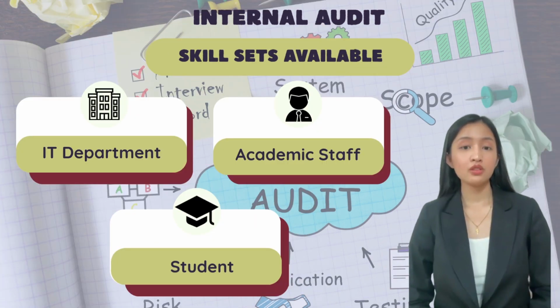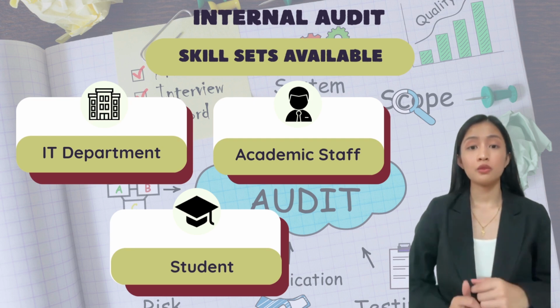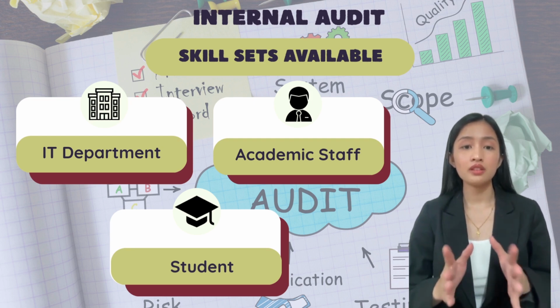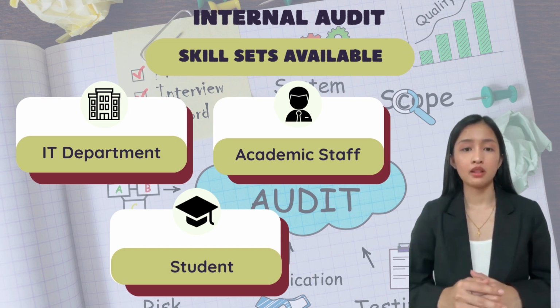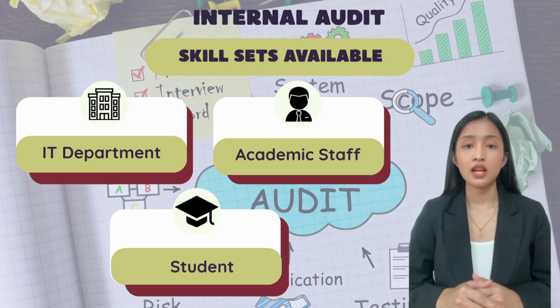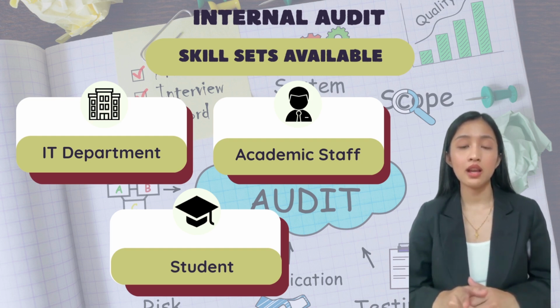Moving to the next part, which is about skill sets available. The successful operation of the iStudent course registration system relies on various departments and related parties. For example, the IT department. They provide technical expertise through system administrators and developers who maintain the system stability, security, and performance.